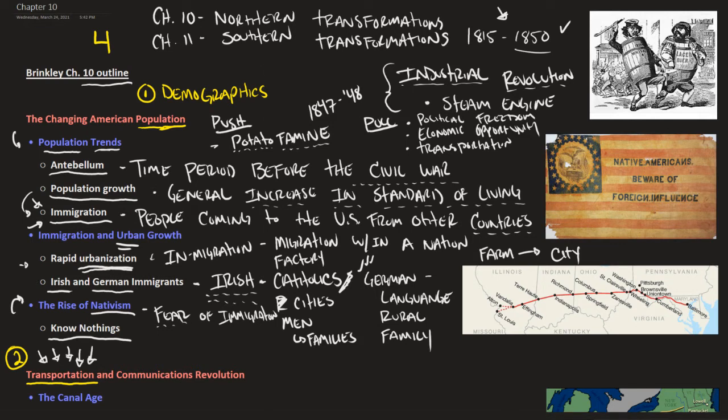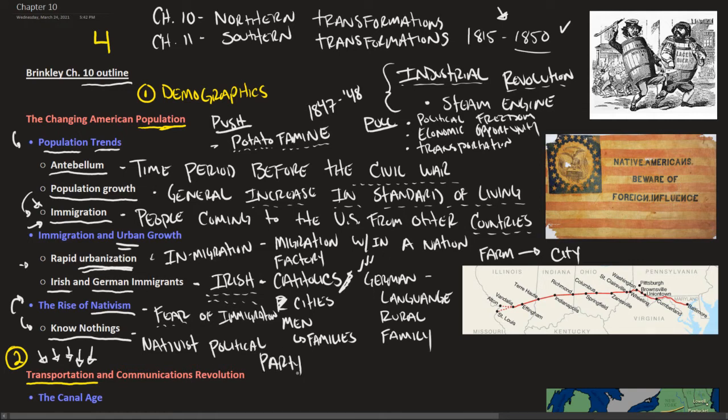There could be a nativist kind of slant or sentiment elsewhere. But the Know-Nothings are a very specific political party, right? So we'd call the Know-Nothings a nativist political party, so a formal organization.